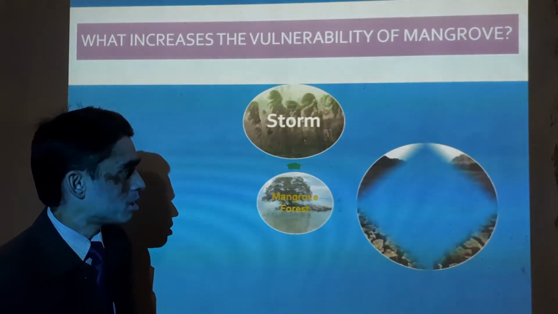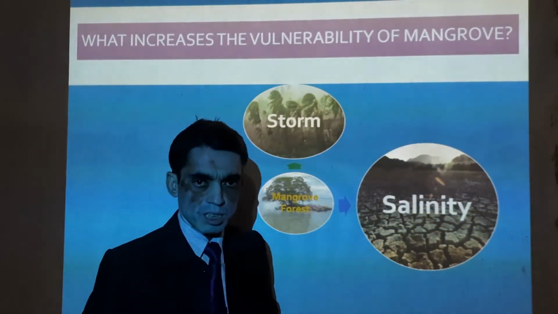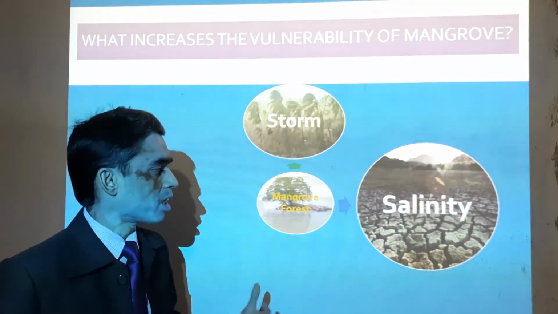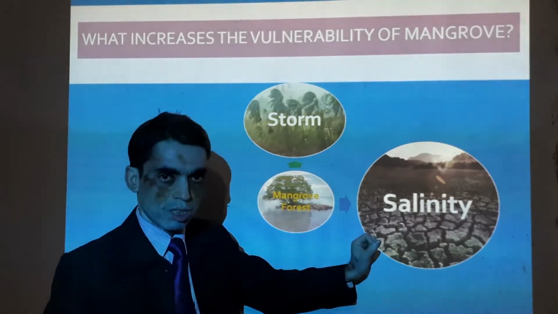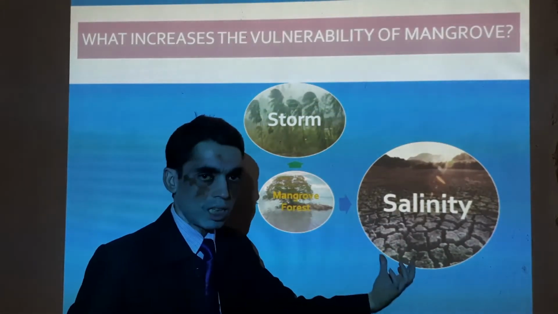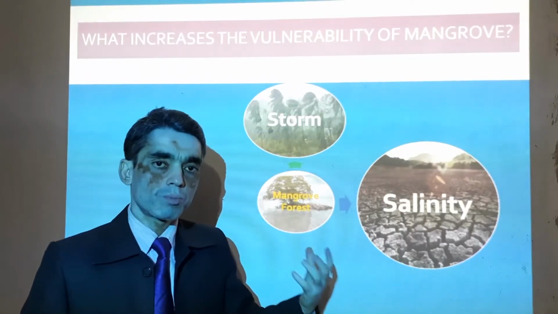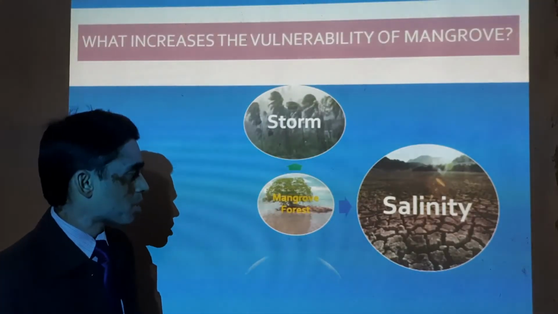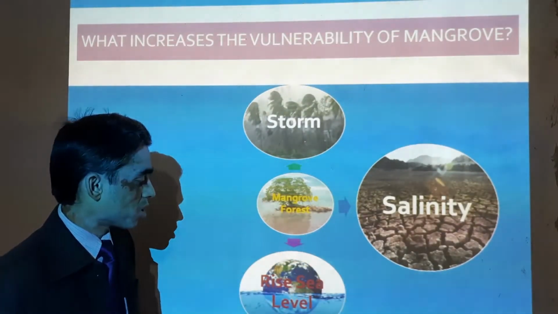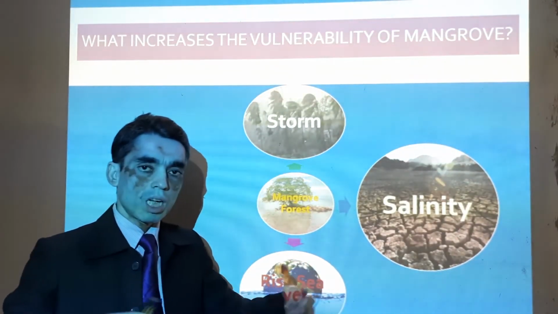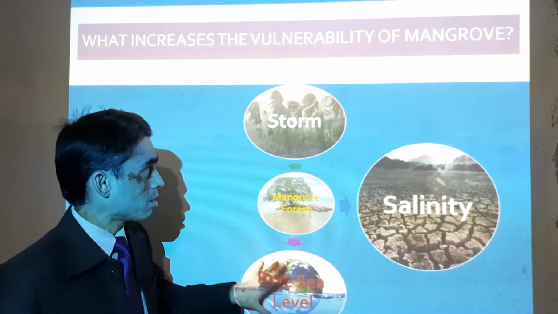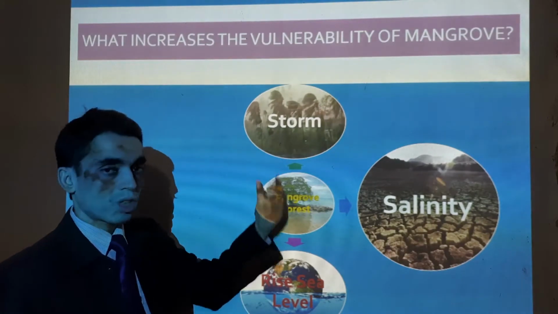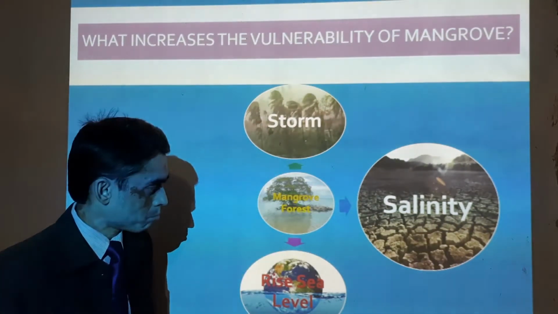The second one is the salinity. You can easily understand the word salinity from the picture, because when the soil faces the scarcity of water, and next you see here the rise of sea level. That means when the sea level rises or increases, this is also another reason to destroy the mangrove forest.